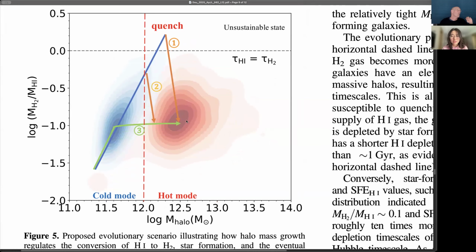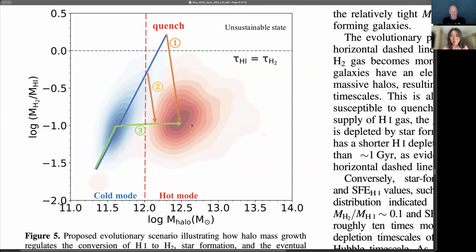However, the observations tell us that most of the galaxies are quenched after redshift about 2. So route 3 is not that plausible. The more plausible routes tend to be route 1 and route 2.